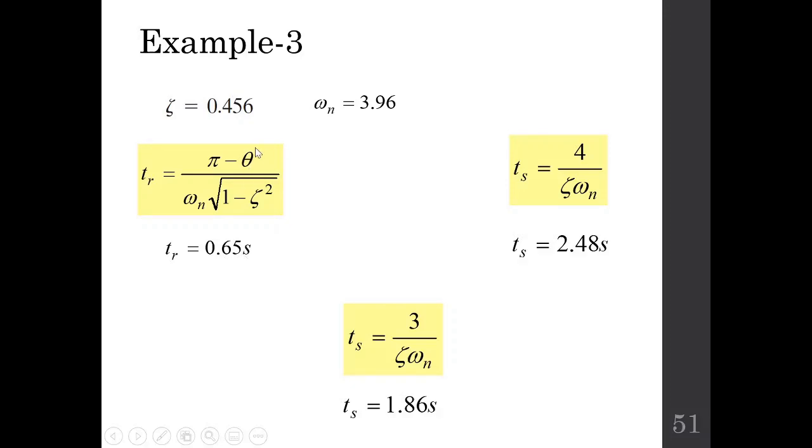Theta can be found from the equation cos theta equals zeta. The settling time is equal to 4 divided by zeta omega n, which is found as 2.48 seconds. This is the 2% settling time. The 5% settling time is equal to 1.86 seconds.